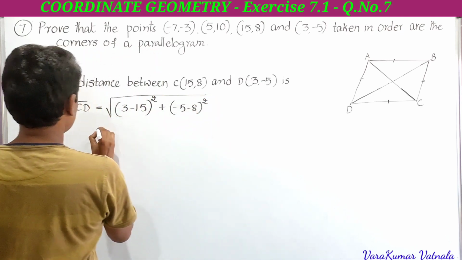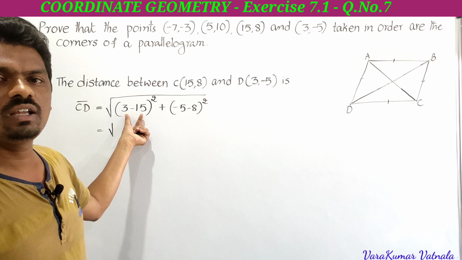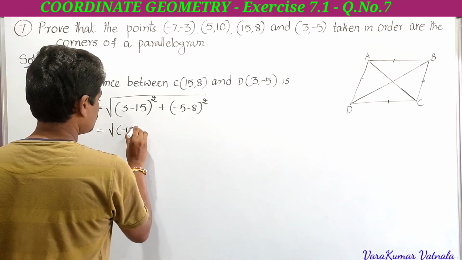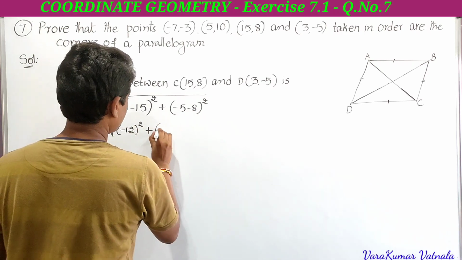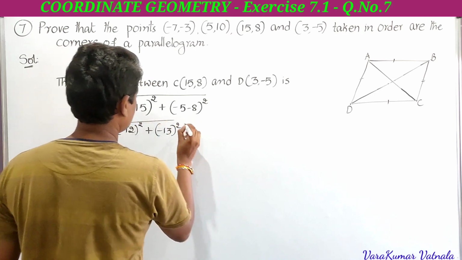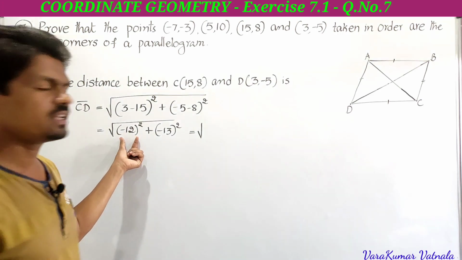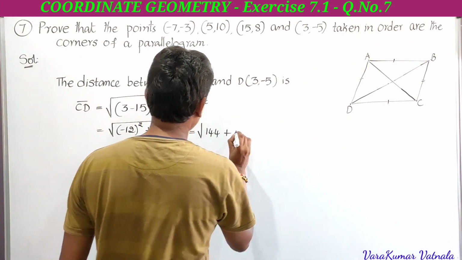Now we simplify. 3 minus 15 is minus 12 whole square, plus minus 5 minus 8 is minus 13 whole square. Minus 12 whole square is minus 12 into minus 12, we get 144.